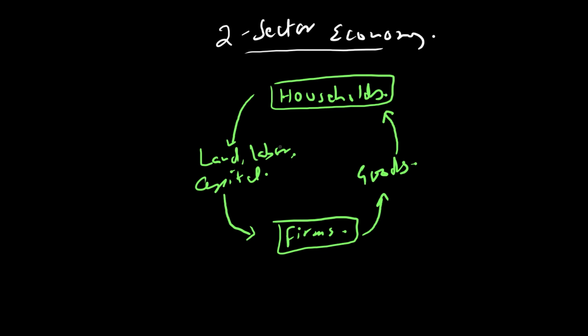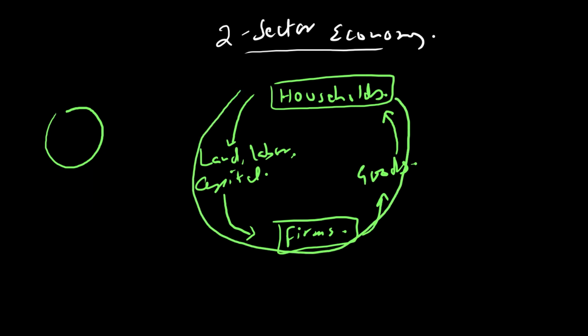So this is how factors of production and goods and services move anti-clockwise from households to the firms and firms to the households. So this kind of movement is known as anti-clockwise movement, right? So resources and goods and services are moving anti-clockwise.